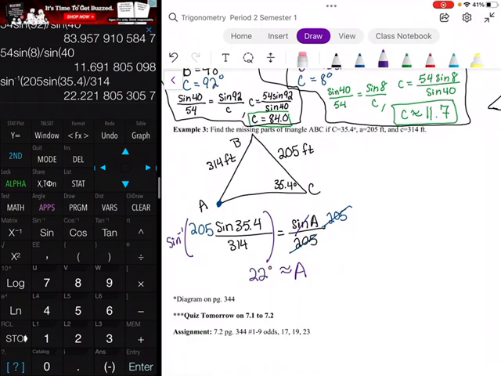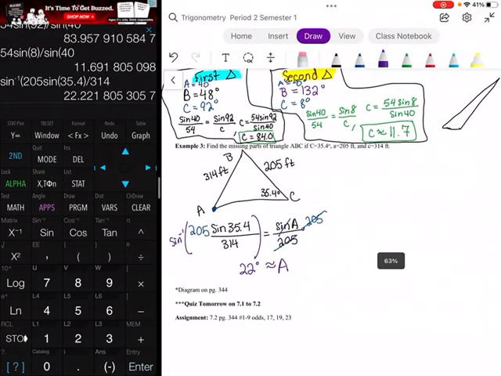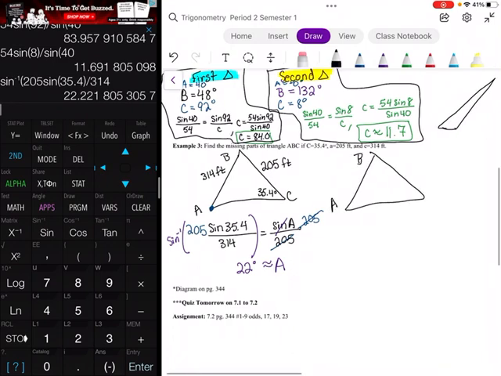Now we're going to check, do we have one or two triangles here? It might be helpful if you do draw a second triangle, A, B, and C.